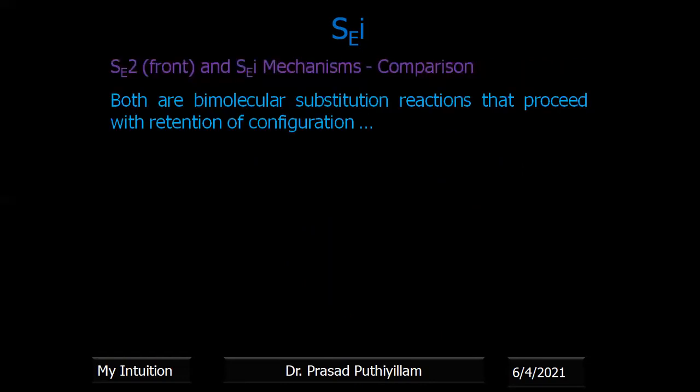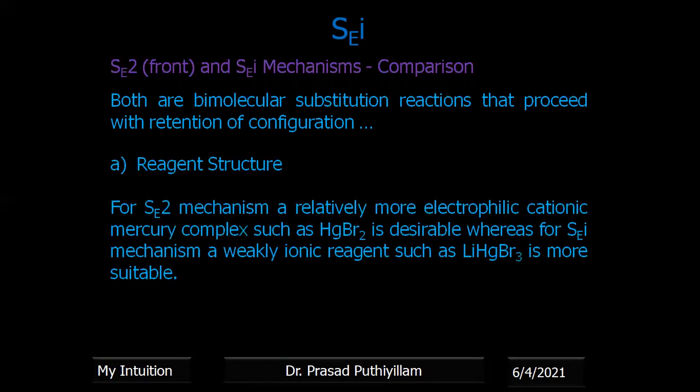So, a comparison between the SE2 front and SEI mechanism, because in the previous video I explained that the SEI mechanism is almost similar to the SE2 mechanism of front side attack. Both are bimolecular substitution reactions and proceed with retention of configuration. That means both the SE2 front side attack mechanism as well as the internal electrophilic substitution mechanism give retention of configuration.